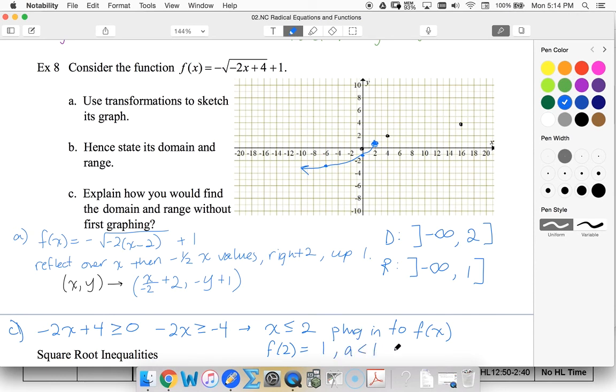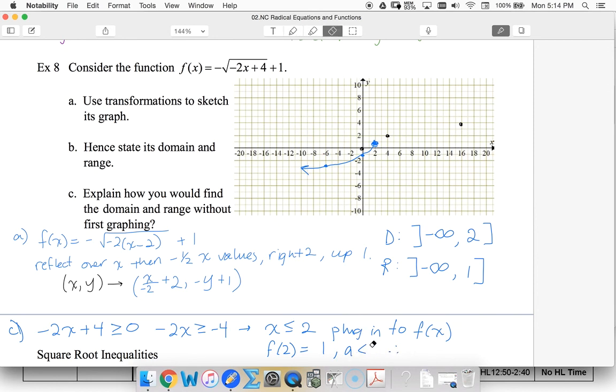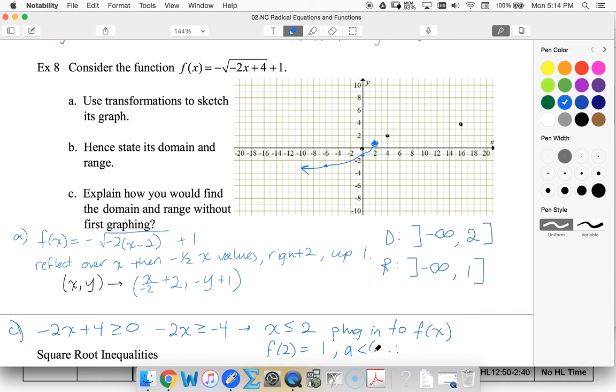A is less than 0. A is a negative number. Therefore, 2, 1 is the max. All right, so that's how we would do it without graphing it first. You could do both of these things to help check yourself as well.